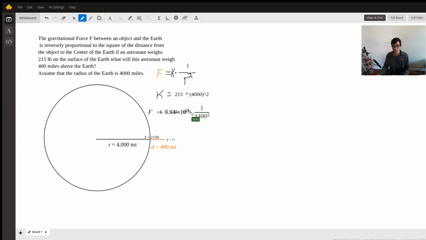And that equation is going to give us our new weight of the astronaut. So let's plug that into our calculator and see what we find.